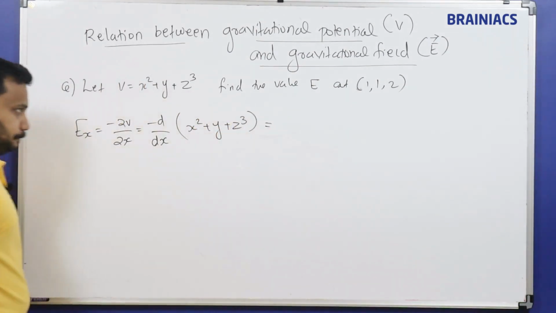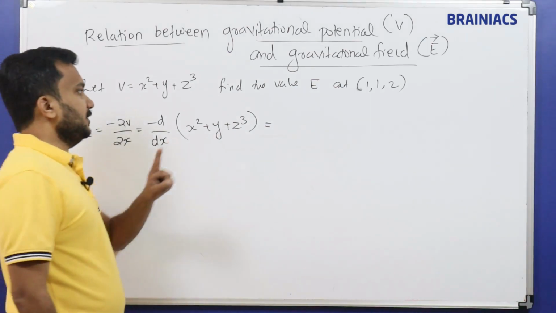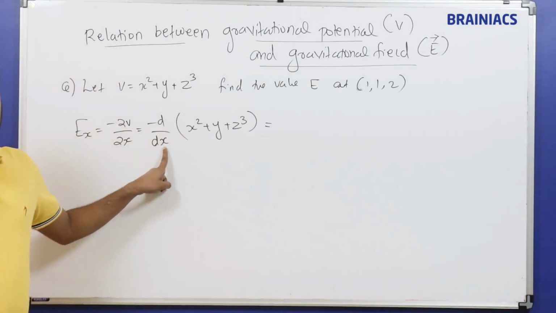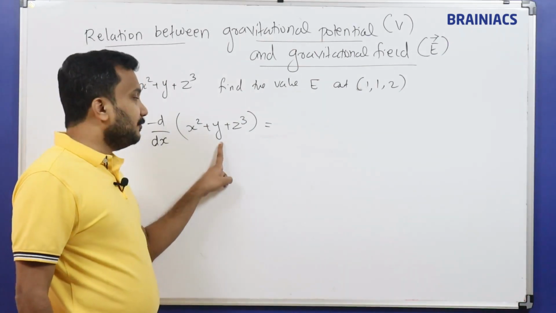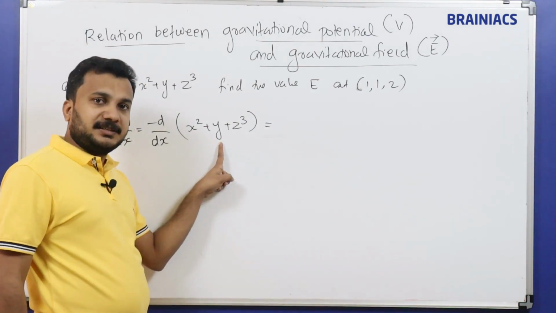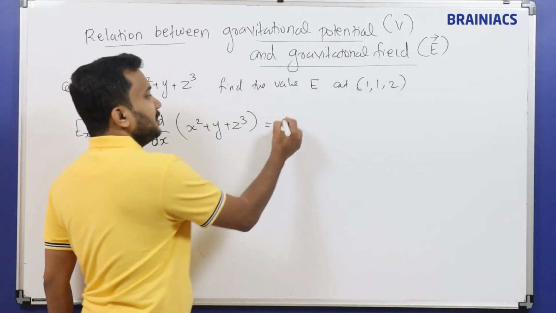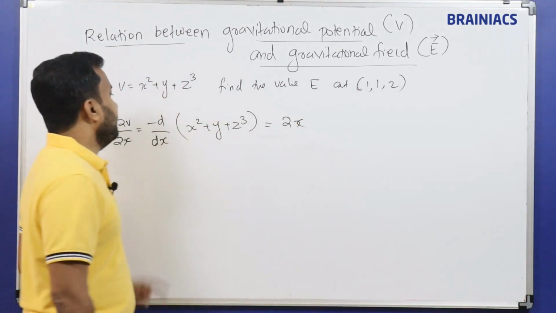So what will we get? We are differentiating with respect to x. If you are differentiating with respect to x, the differentiation of y is 0. Differentiation of x square is 2x, and a minus will be here.